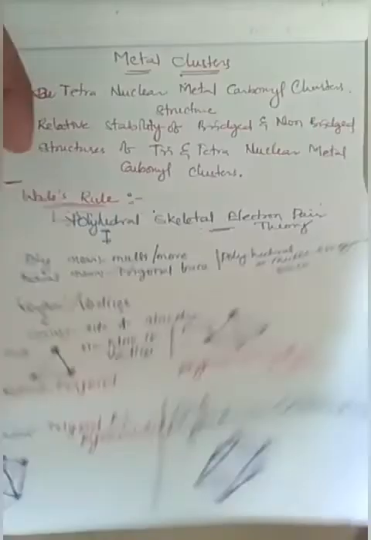So now we have to look into Wade's rule, how we are going to get the polyhedral electron pairs number. With respect to that, we can define the skeletal polyhedron.